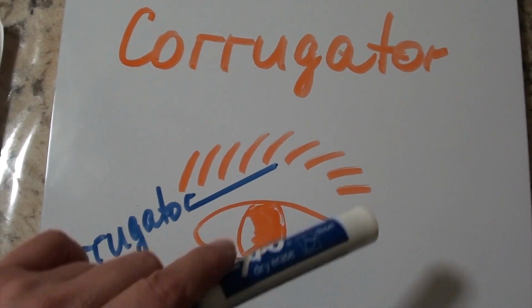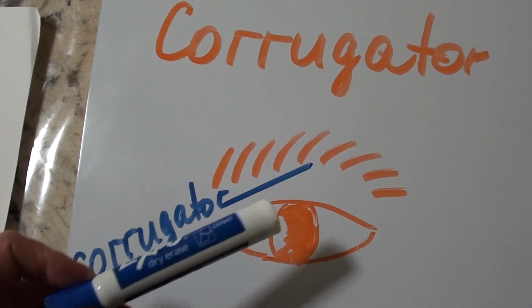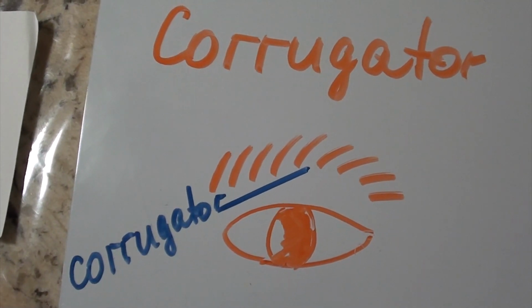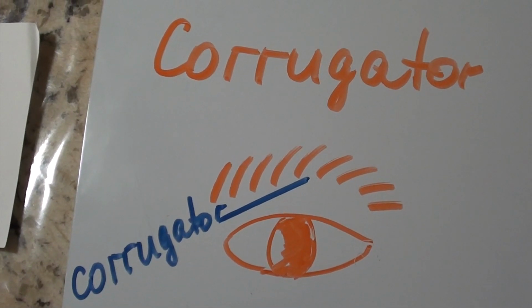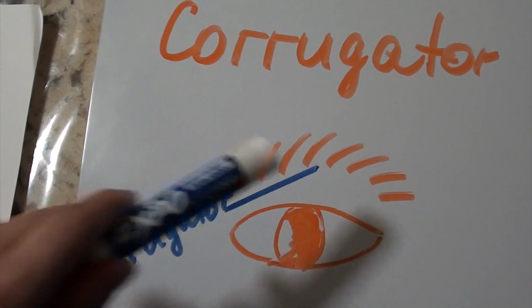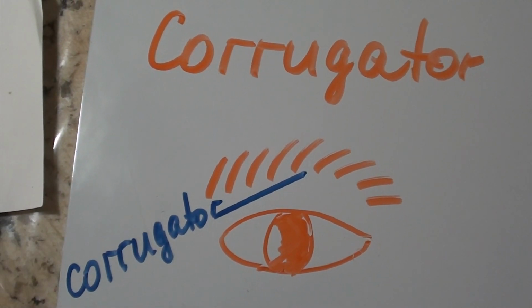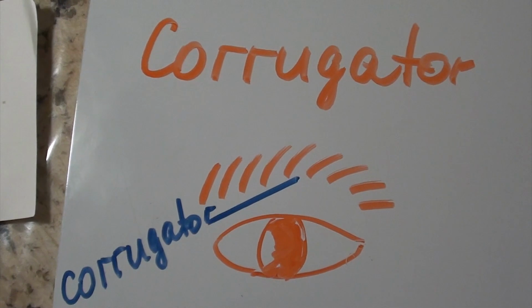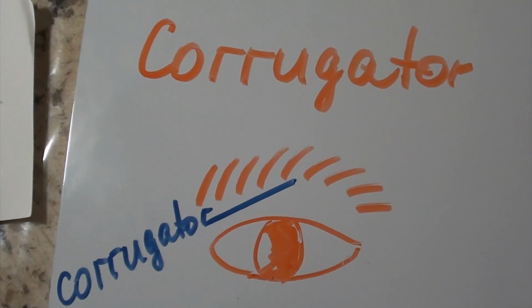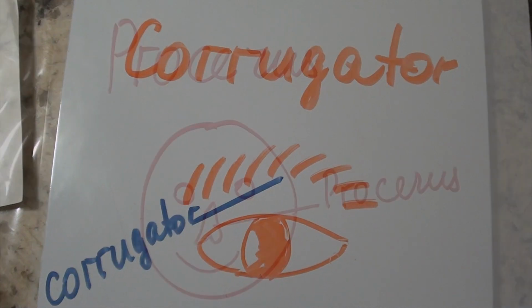Corrugator is a muscle beneath orbicularis oculi, the round muscle, and it's on an angle. If you put a finger pointing at your nose and from your nose to the arch of the eyebrow, and try to close and lower your eyelid and lower your brow or wrinkle your forehead, you will feel the corrugator muscle.